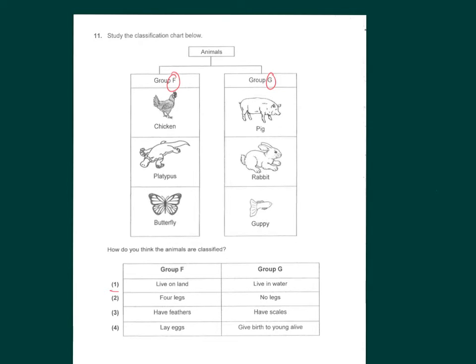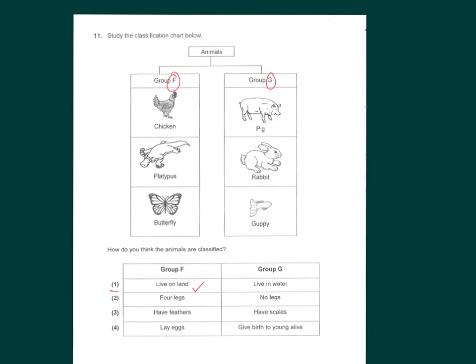Okay, for the chicken, yes, it is true. Platypus, yes, they also live on land, although they spend some time in the water, they are considered to be living on land. Butterfly, true as well. So far, okay.